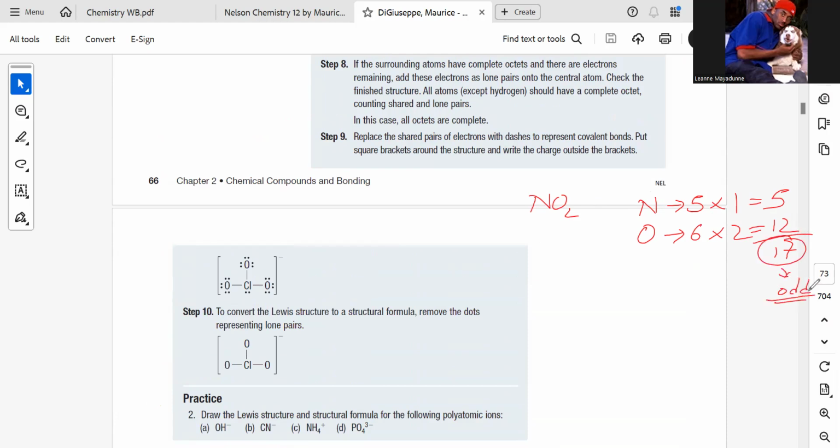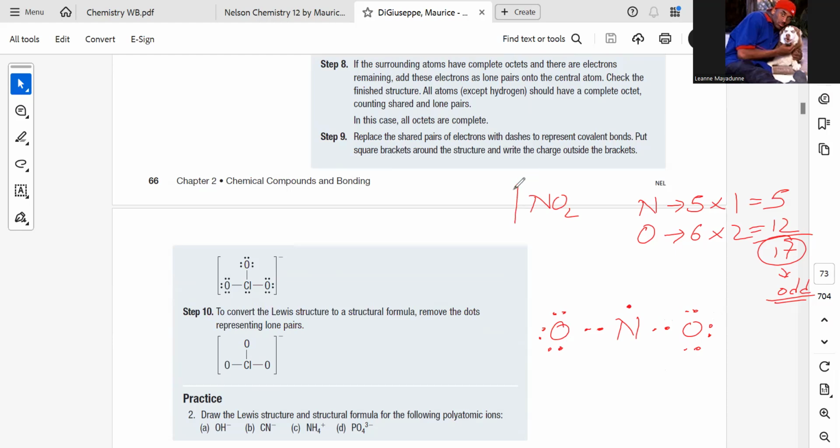If we draw the structure, the central atom, let it be nitrogen, and let us have two oxygens around it. Let us give a shared pair and complete the octet for the extreme atoms. So we have used 16 and there is one single electron on the nitrogen. Sorry, not a lone pair, one single electron.